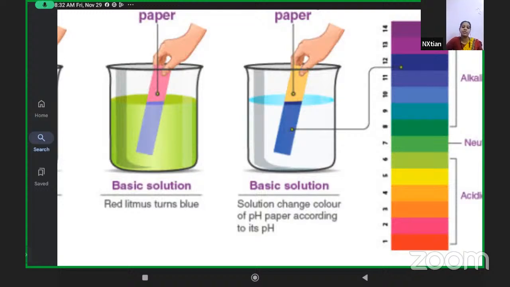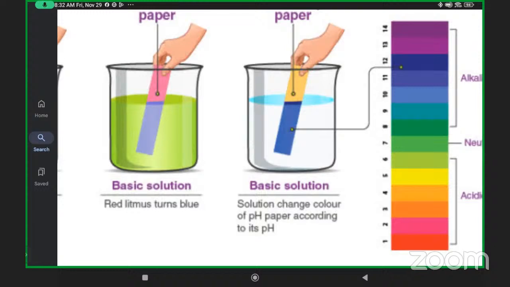Can anyone tell me what kind of acid lemon has? Amino acid. Amino acid. Okay. Anyone else? Citric acid. Citric acid. Okay.